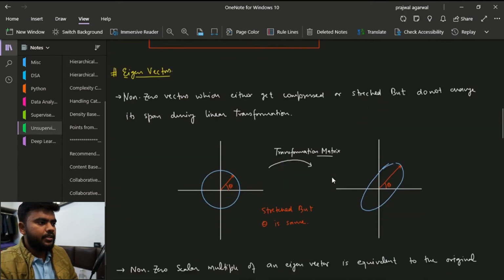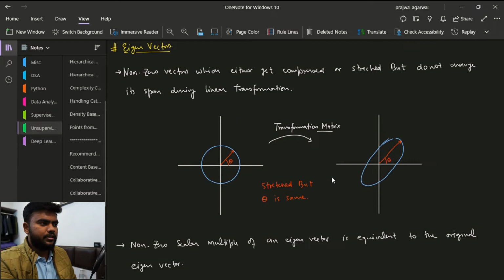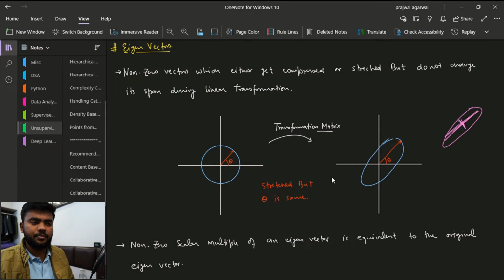Okay, now the thing is that whenever you are performing some sort of linear transformation, the data may get expanded from one point and compressed from the other point. But the thing is these vectors don't change. Okay, the non-zero vectors which either get compressed or stretched.